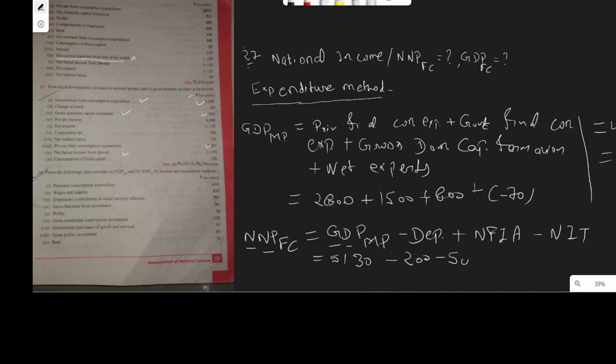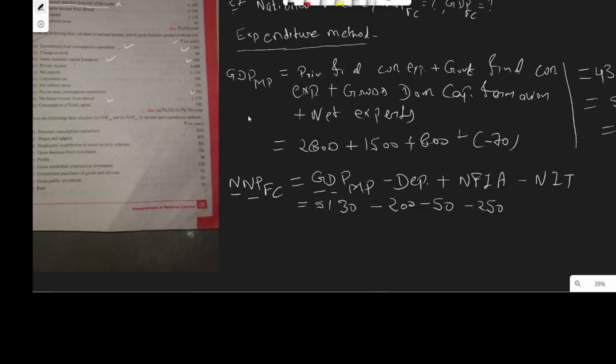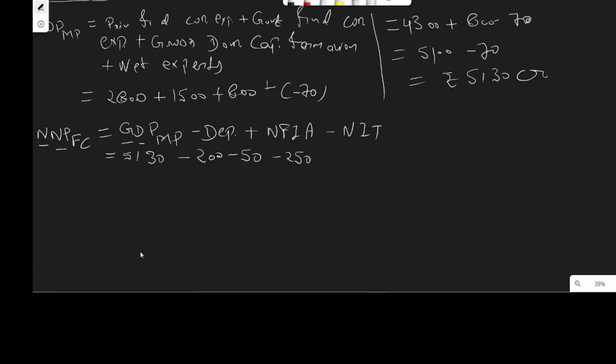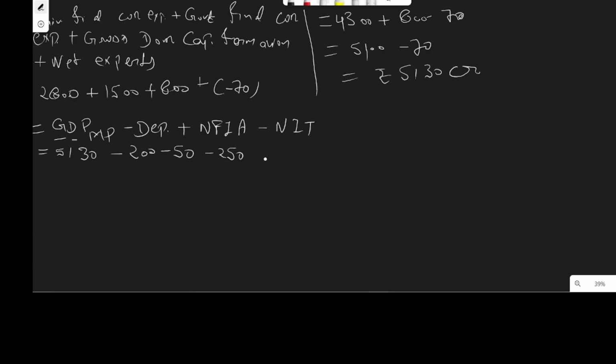So plus minus 50. Net indirect taxes is 250. So minus 250. So it will be minus, minus, minus.